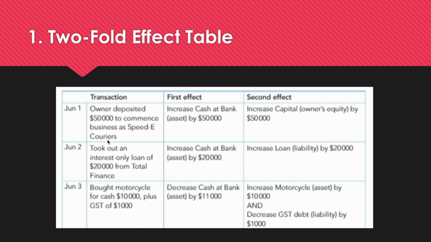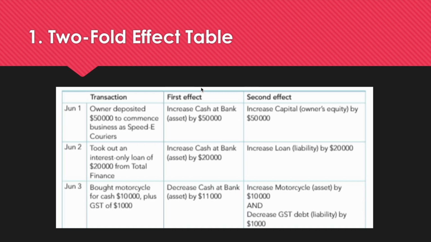Now the second one is on 2nd July, took out an interest-only loan for 20K from Total Finance. So the first effect is increase cash at bank, which is an asset, by $20,000. And of course, the second effect is on the right side of the balance sheet, you increase the loan, which is a liability, by 20K.